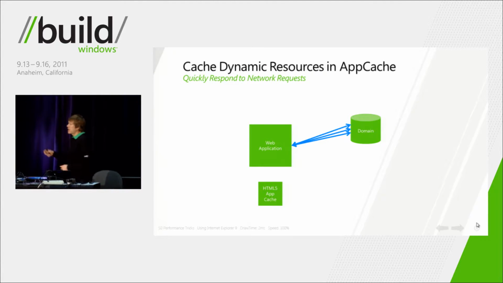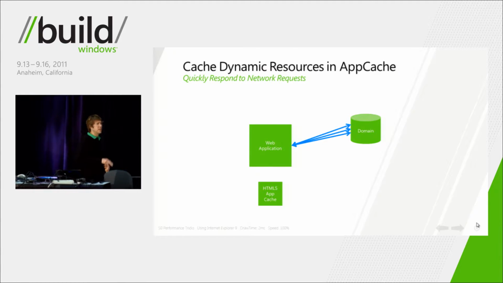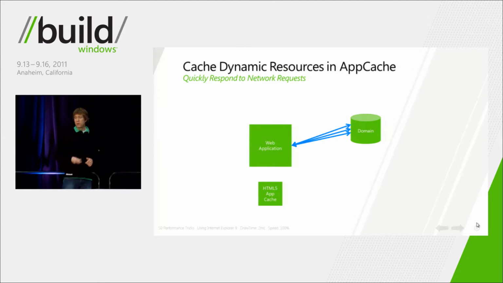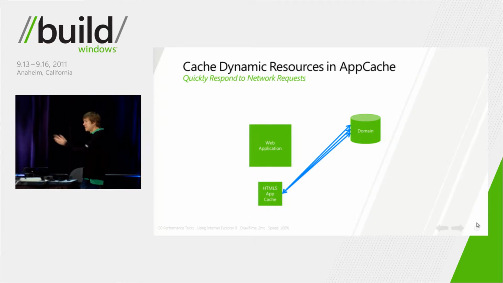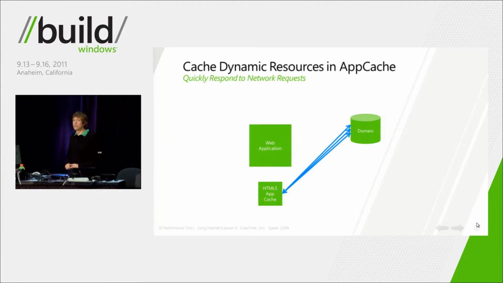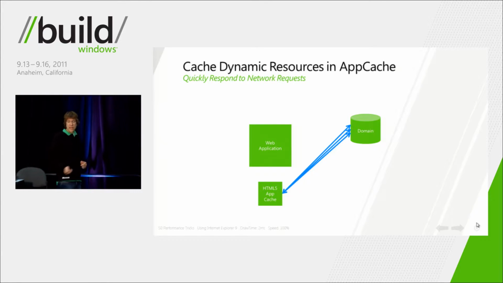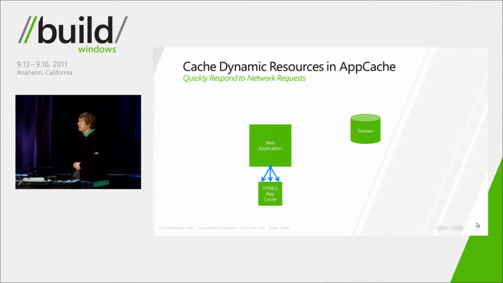The way that app cache works is, the first time your web application is accessed, it goes out to your web server, downloads the data directly, and puts it inside of the app cache. So the content is coming into the app cache itself, not into the browser. And then the app cache provides that to the browser, so your web application is really just pulling its resources from the app cache.